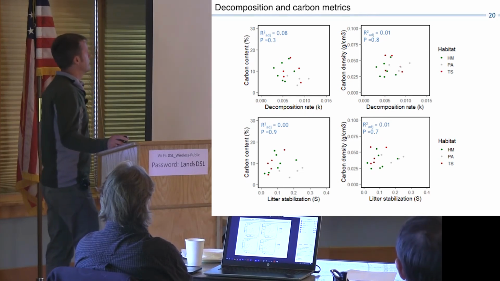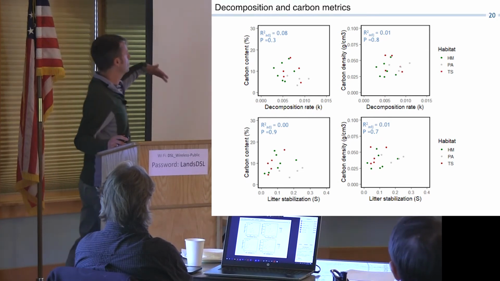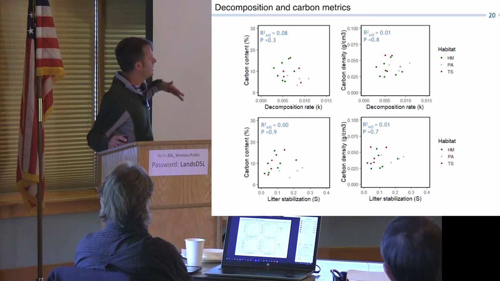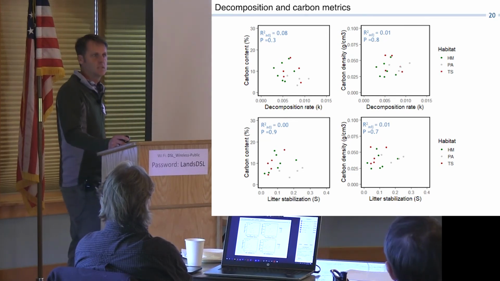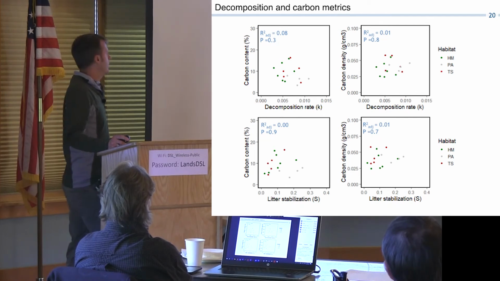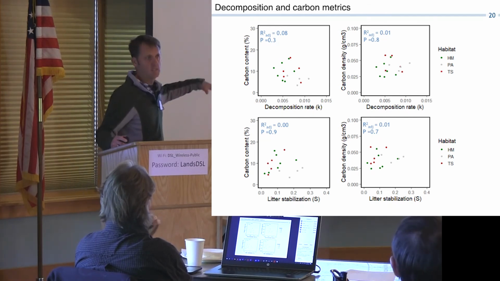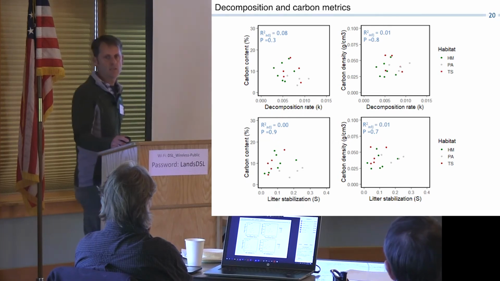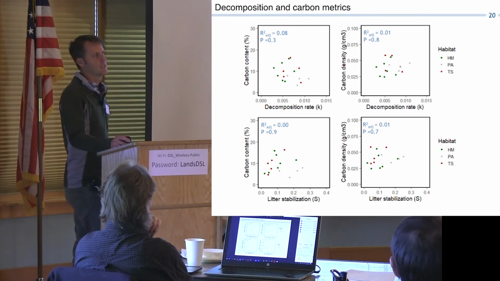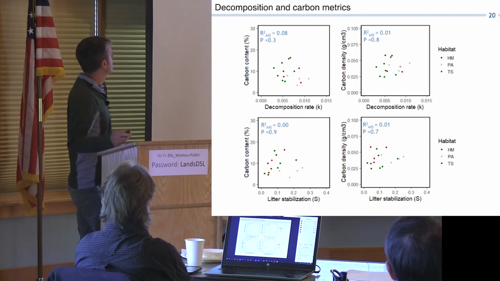We did not see any strong relationships when we pooled the habitats together. There may be biogeochemical, elevation, and salinity differences among these habitats that would suggest you shouldn't pool them together, but we don't have large enough sample sizes to look at each habitat type independently.